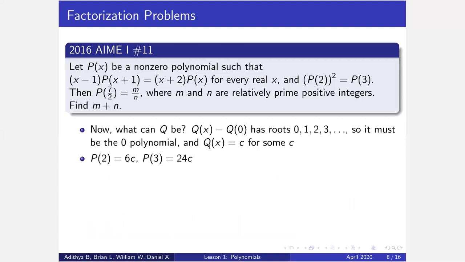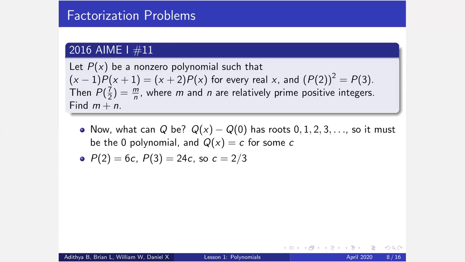Okay, now it's working. So now we plug in 7/2, because we have uniquely identified what p is. p is 2/3 times x minus 1 times x plus 1. We plug in 7/2 into that, and I think we get 35 over 4 or something.